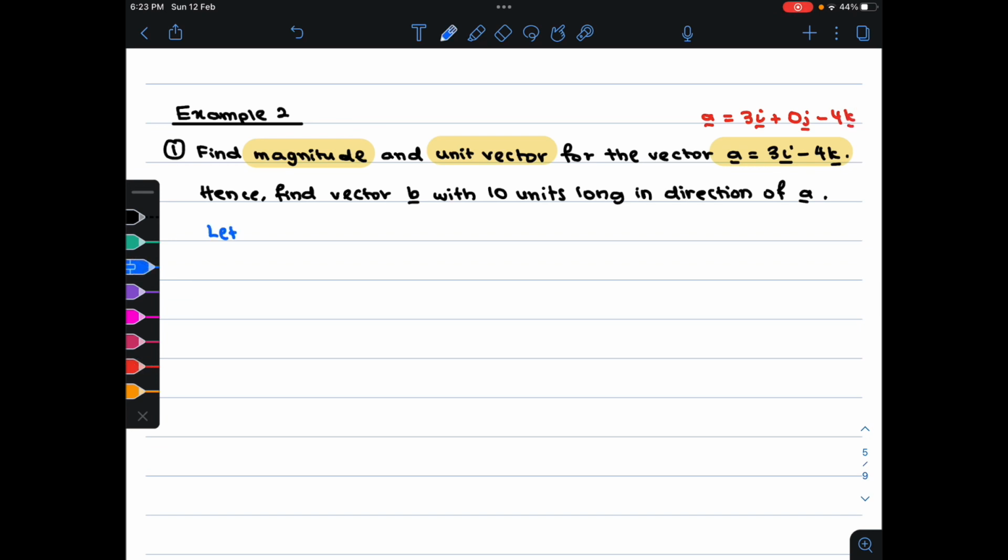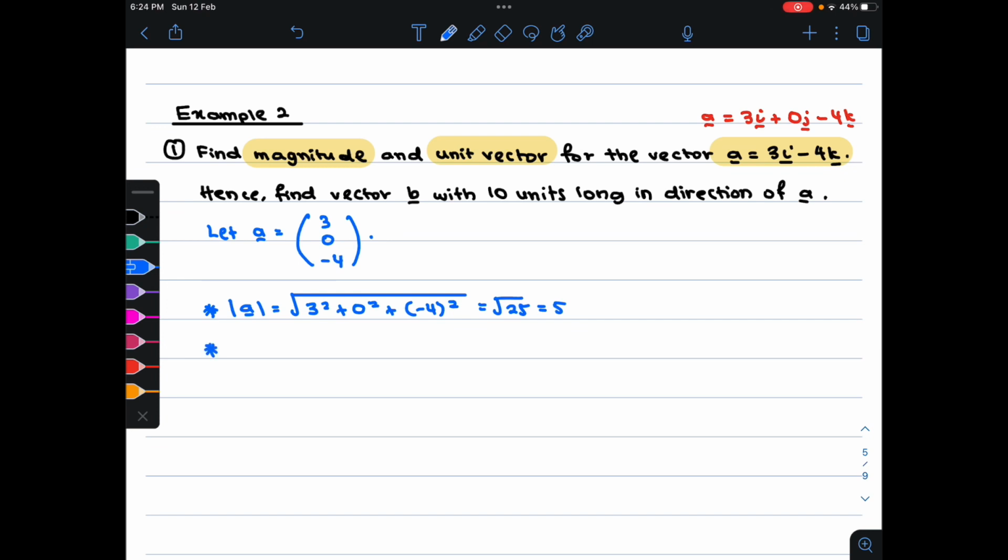Therefore, we can write down the vector A as 3, 0 and negative 4. And thus, magnitude A is the square root of 3 squared plus 0 squared plus negative 4 squared, which is the square root of 25, and hence the magnitude is 5.